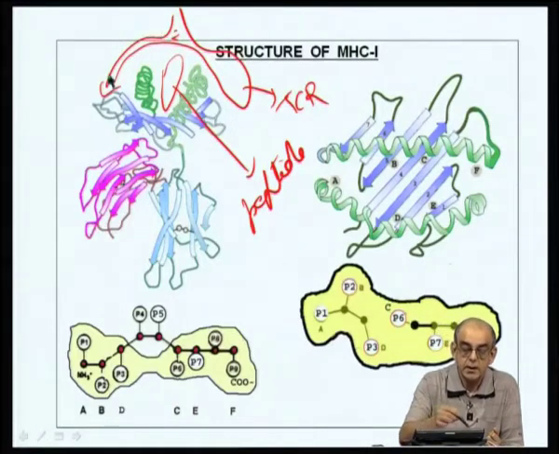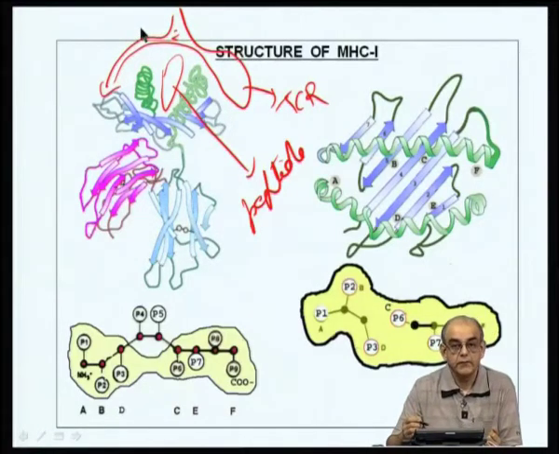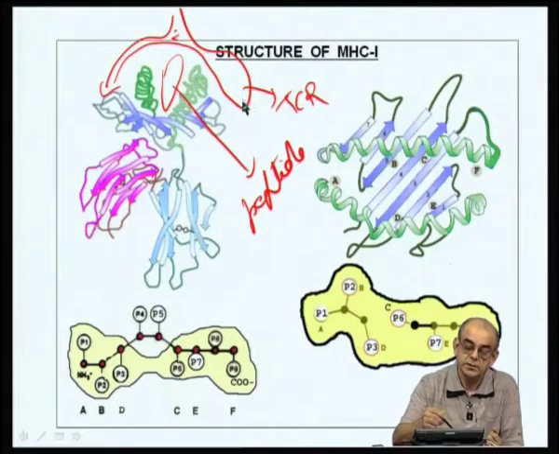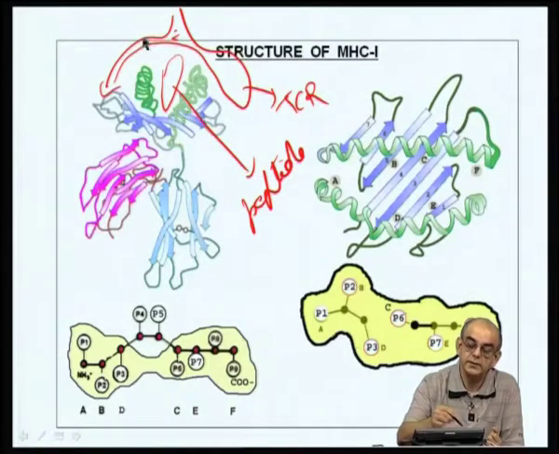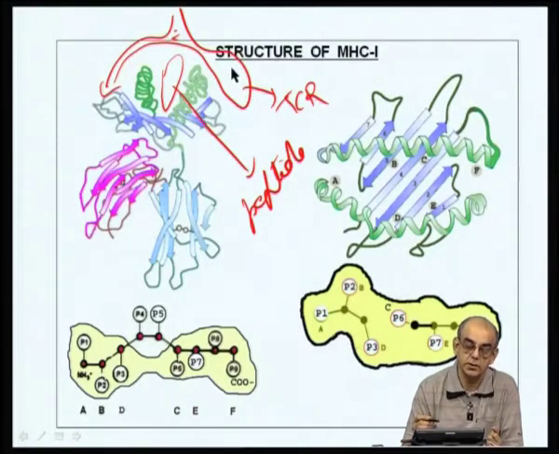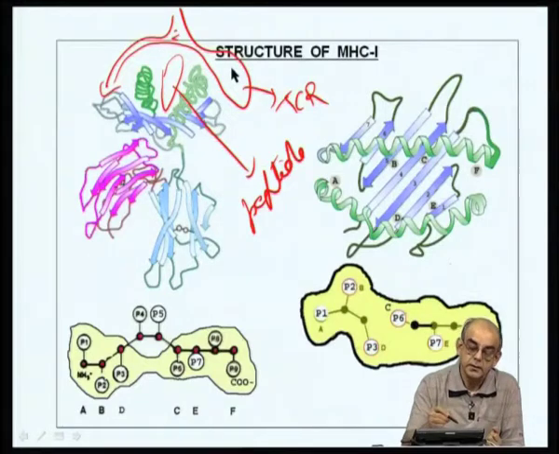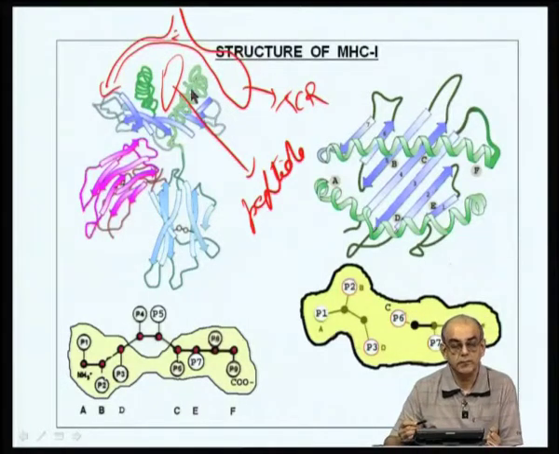So, this ensures further diversity in the immune system, in the sense that diversity is associated not only with the variable nature of the T cell receptor molecule, but there is further diversity in terms of different antigenic peptides being bound by the MHC allele.